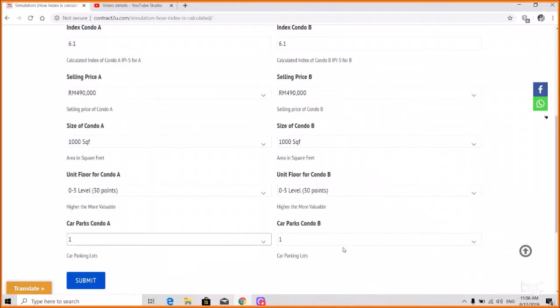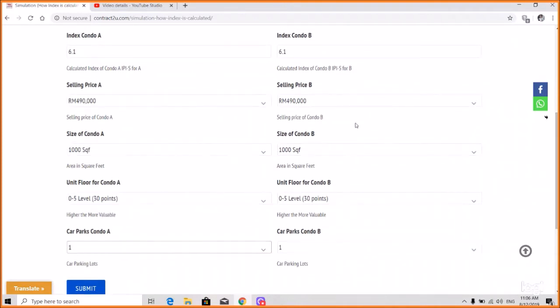Right, now you can see all similar: 490,000 on selling price for A, similar 490,000 on selling price for B. Size also similar, the level also similar, car park number similar.